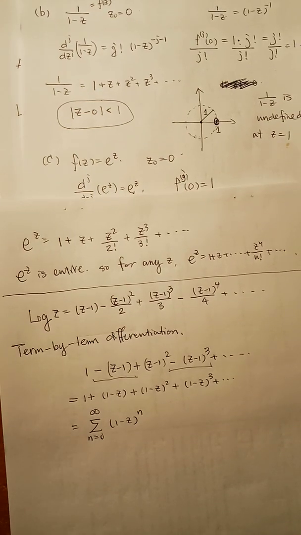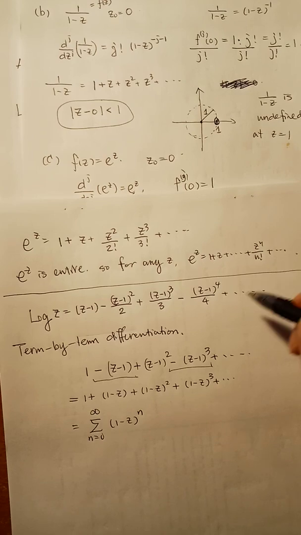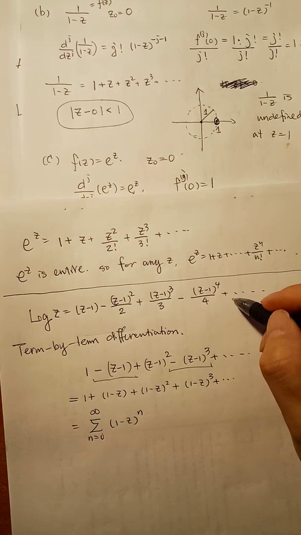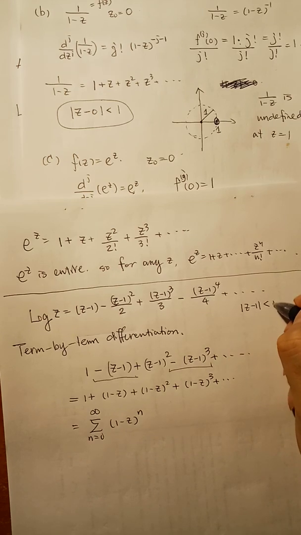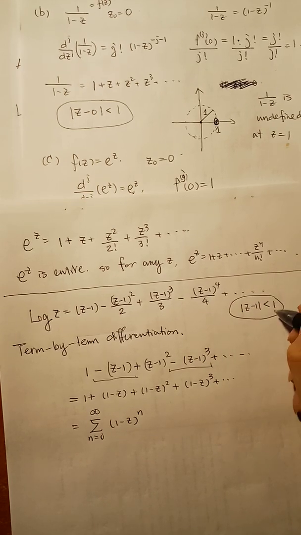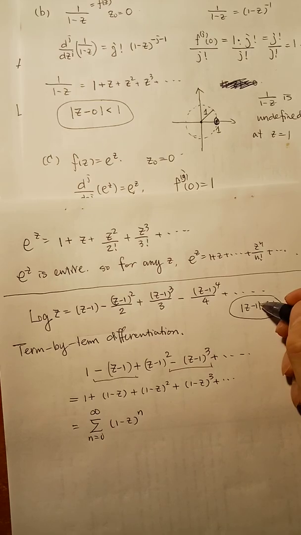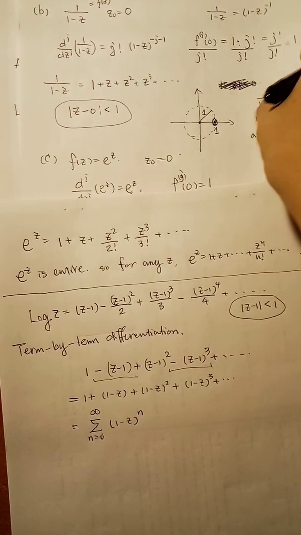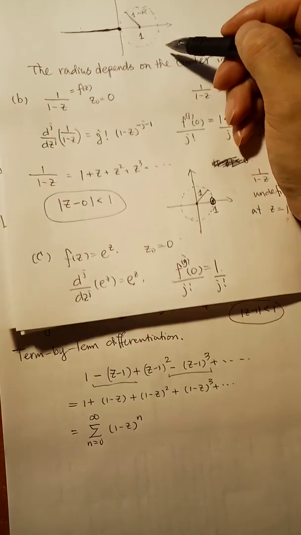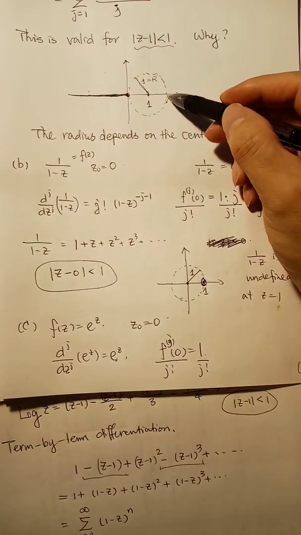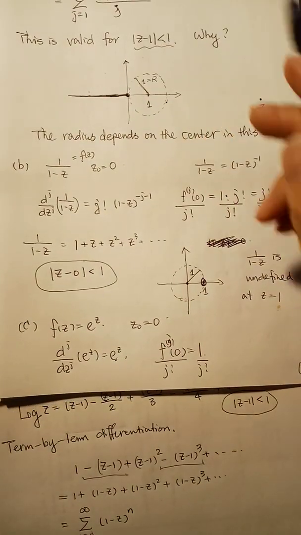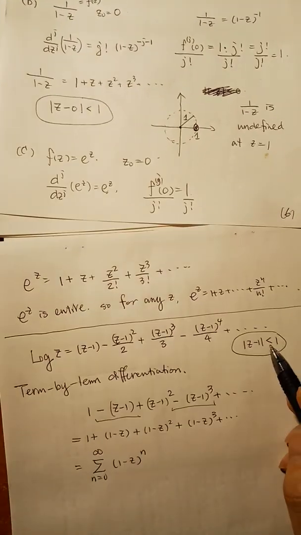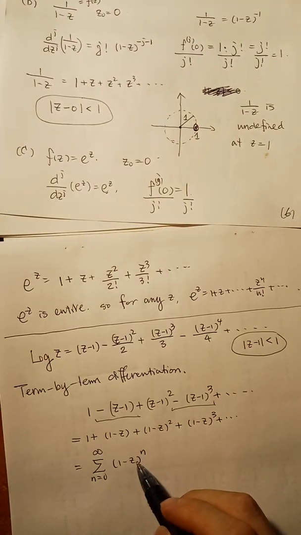And remember the domain of log z: |z minus 1| is less than 1. This is a valid domain. Check here, we still have the graph. So |z minus 1| less than 1 means |1 minus z| is less than 1.